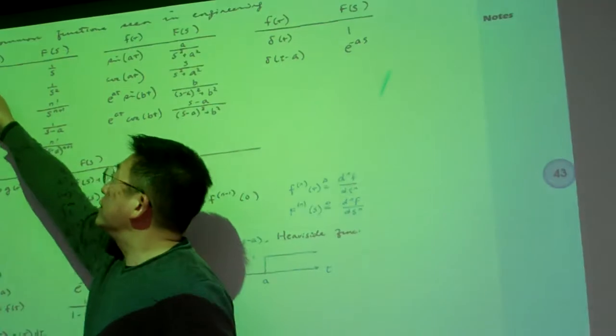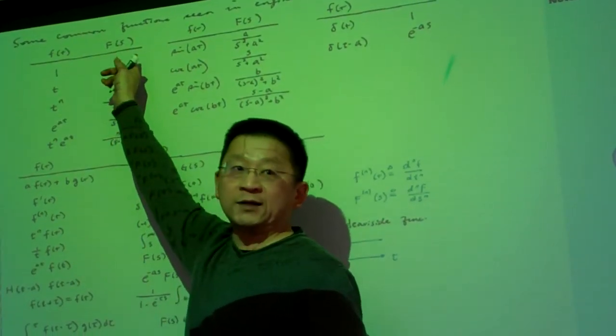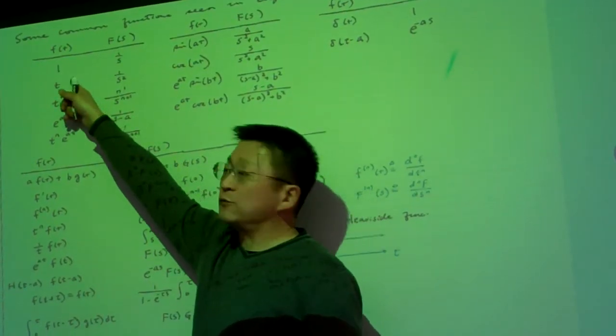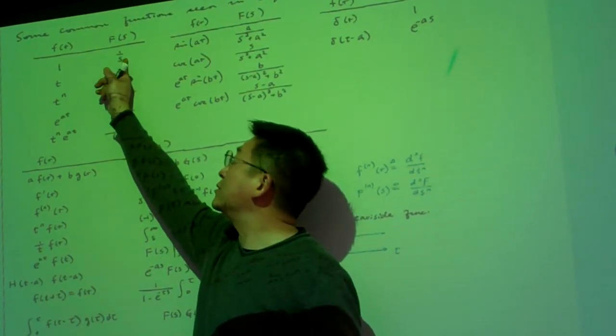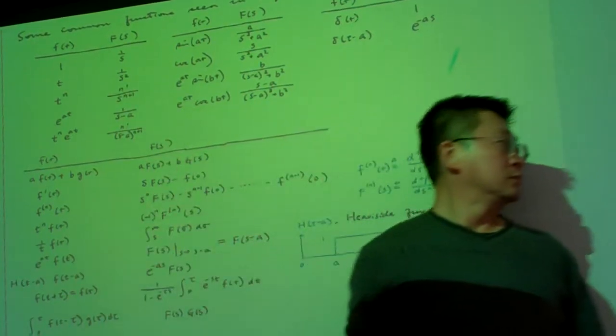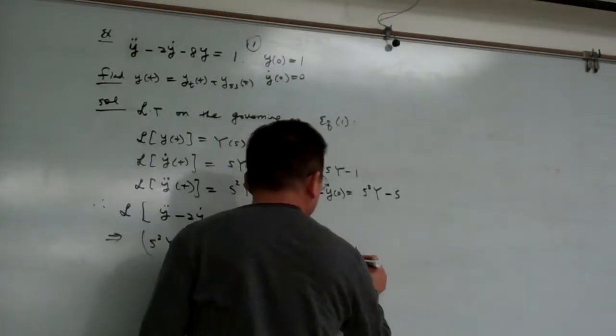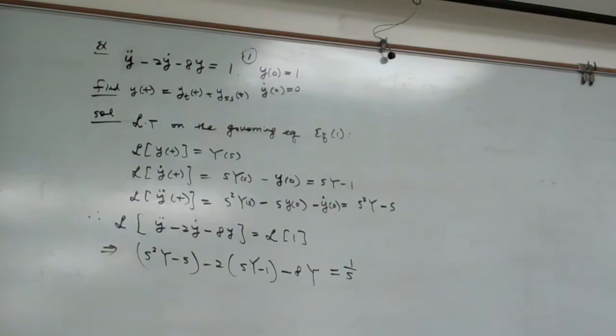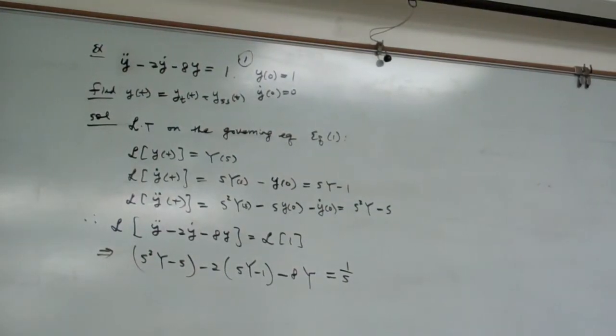From the table, the corresponding is 1 over s. So on the right-hand side I utilize this line of the table, that is 1 over s.